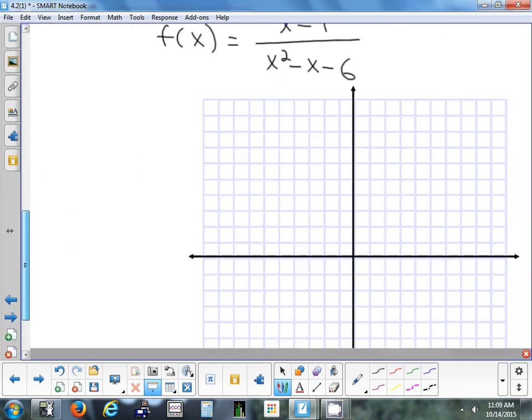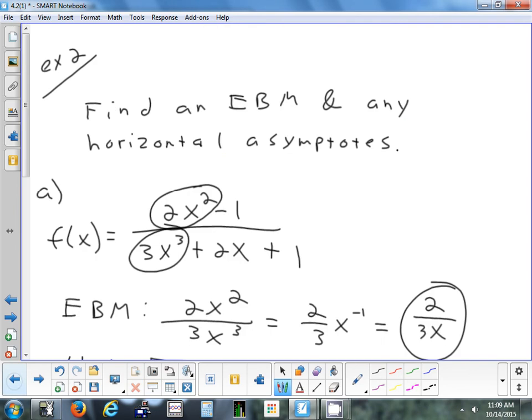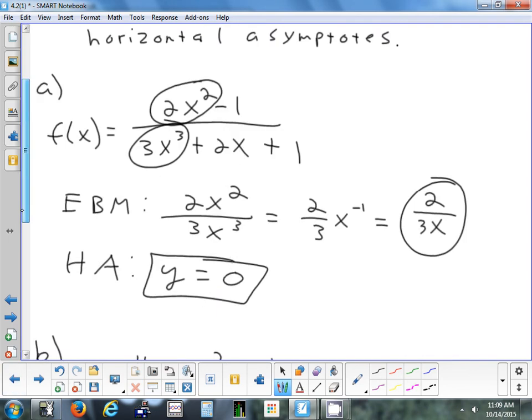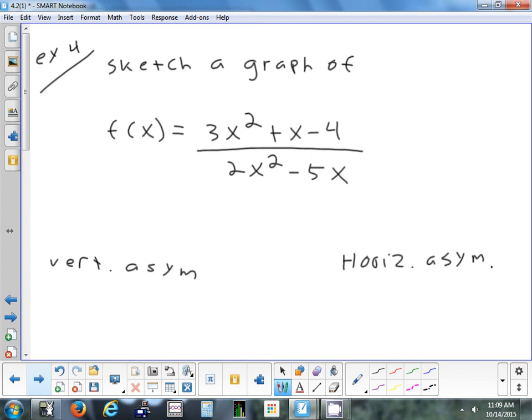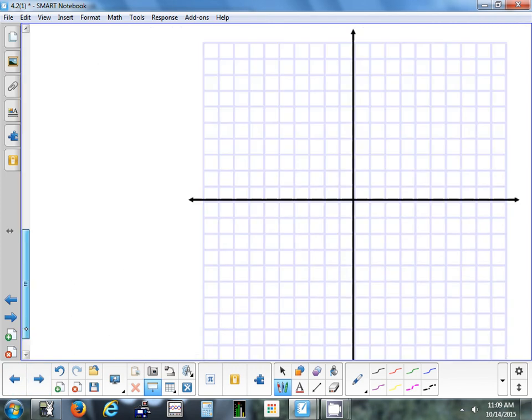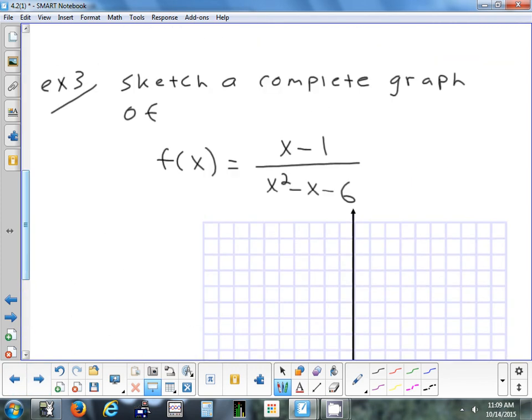All right. So first thing I would find, let's go back to the directions. Let's start with our asymptotes. You don't have to do these in any particular order, but I usually like to find the vertical and horizontal asymptotes first. How do we get our vertical asymptotes?